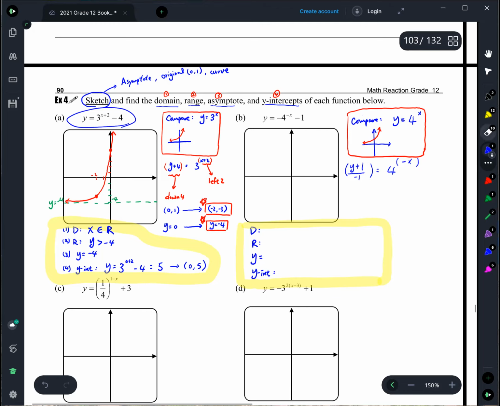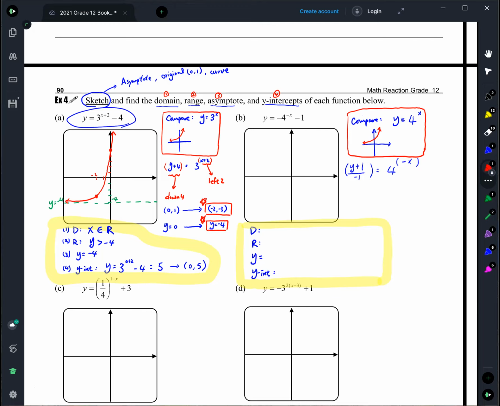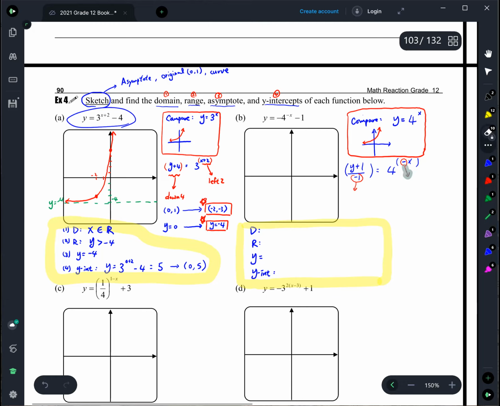Each of them tells you different things. We start with the negative. This -1 and this -1 tell you different things. Let's put it this way, the same way we learned before.